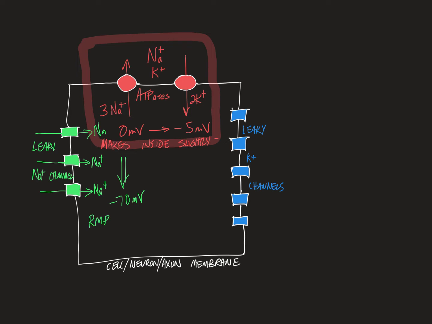which gets acronymed, gosh, I need more coffee, as RMP, so resting membrane potential. So there's a voltage across that membrane. So every cell in your body right now is going through this process as we speak.